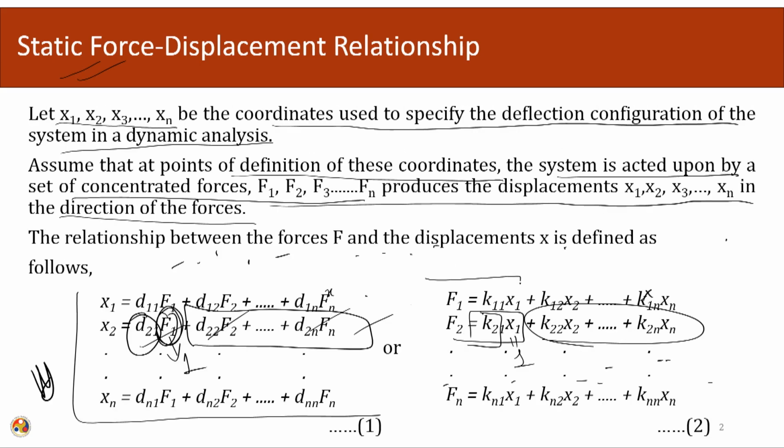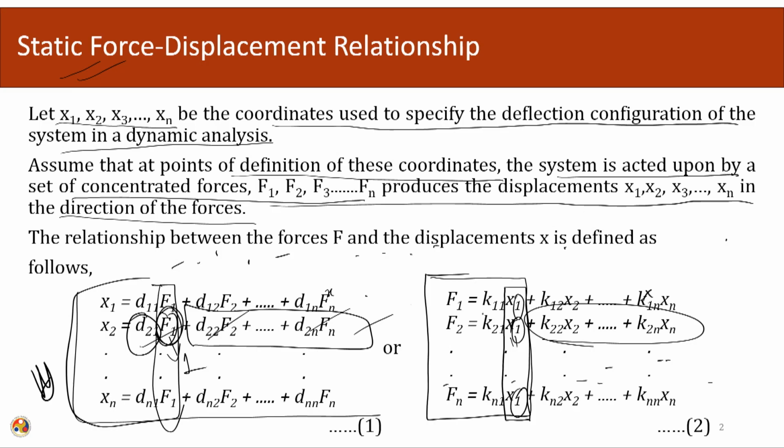We are talking about these terms. So, what we have done here is that we have applied the deformation at x1, or we have applied the force at f1, and we have calculated the values of the different k's. So, that becomes the value of these forces.